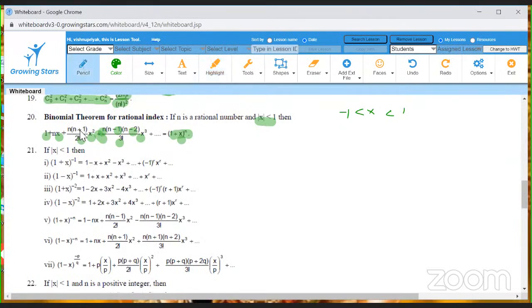This is not n plus 1, this is n minus 1. This is the formula for the expansion of (1 + x) to the power n.